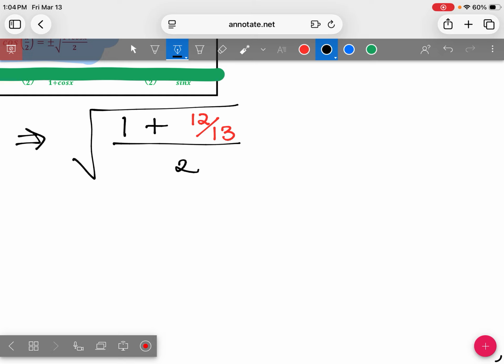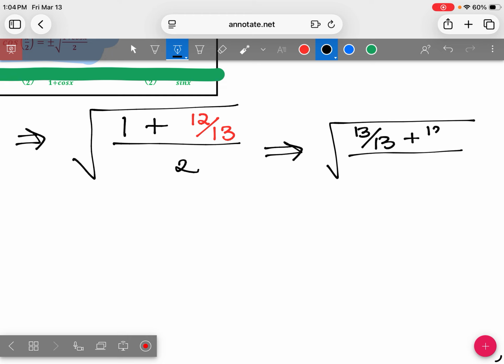I need to add fractions, but I can't add 1 and 12 over 13 because it's not a common denominator. So how am I going to rewrite 1 so it has a denominator of 13? 13 over 13, good. So I have 13 over 13 plus 12 over 13. That's divided by 2.